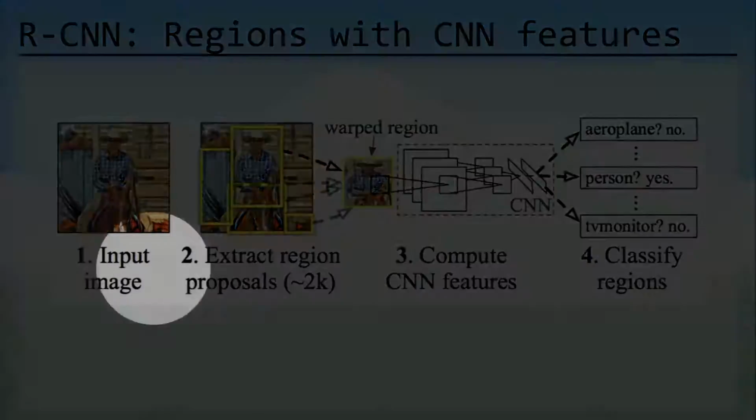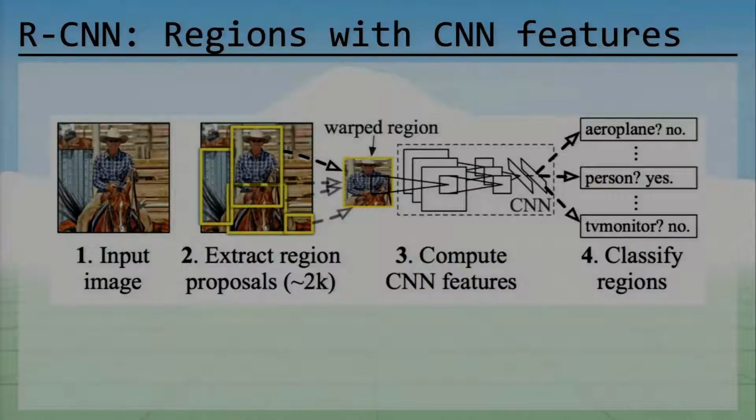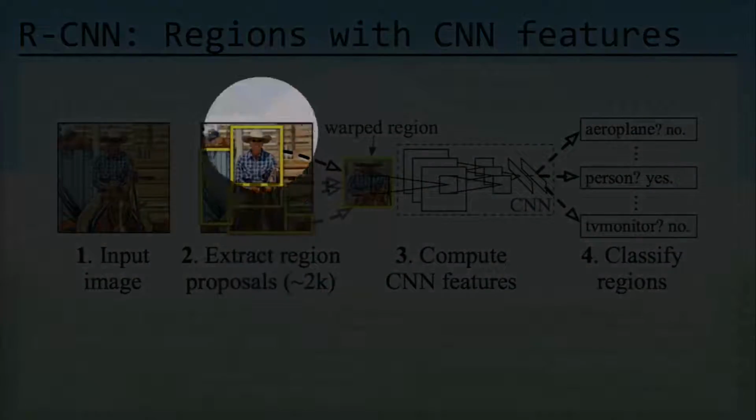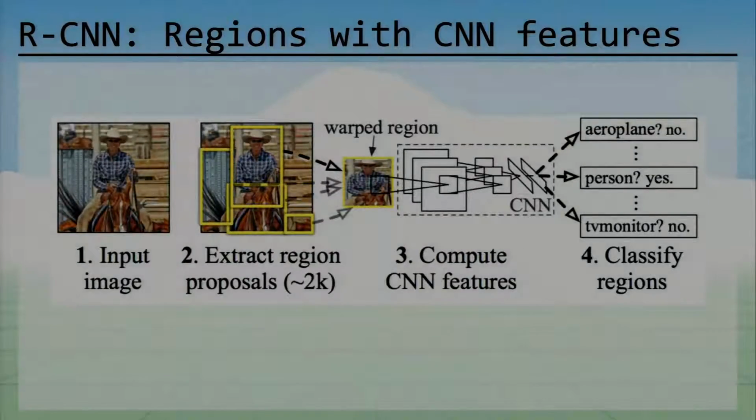The idea with RCNN is that first we're going to extract some region proposals. Instead of looking at every sub-window or every possible thing in the image that might be an object, first we extract a bunch of rectangles, a bunch of bounding boxes that might have something in them.